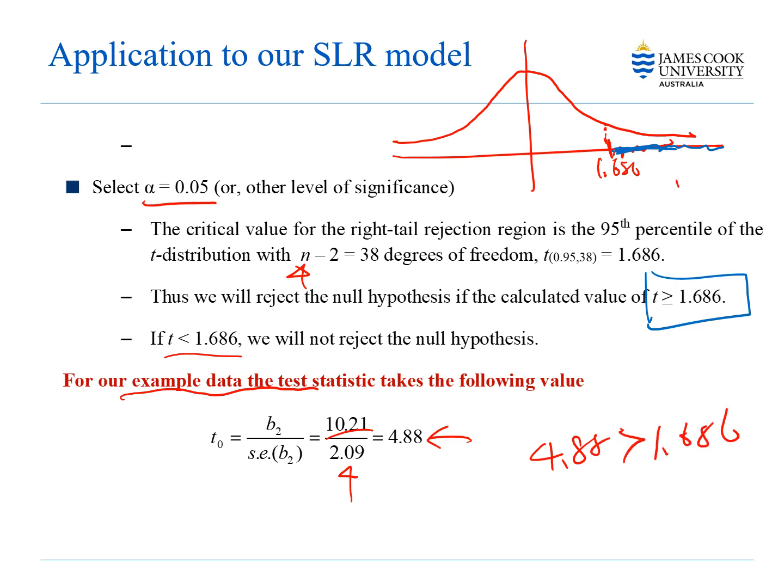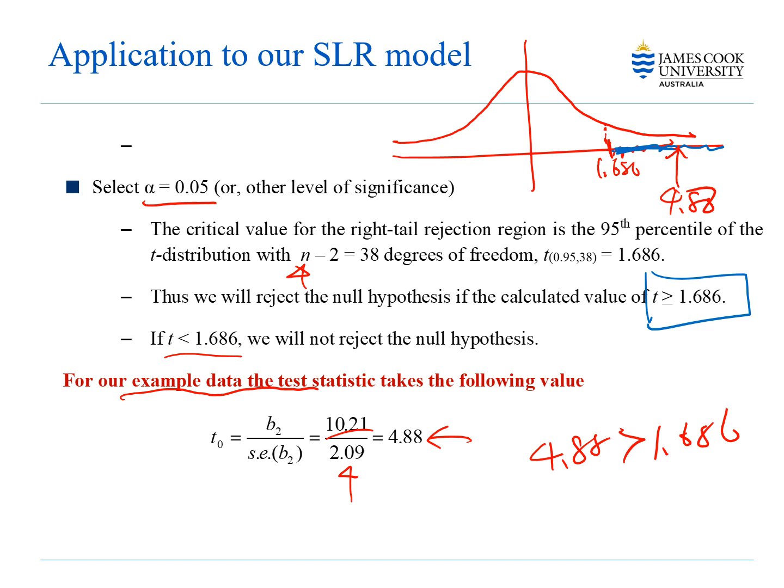It's somewhere here, 4.88. So indeed, the value of this t-stat falls in the rejection region. So we reject the null hypothesis that beta 2 is equal to 0 at the 5% significance level.